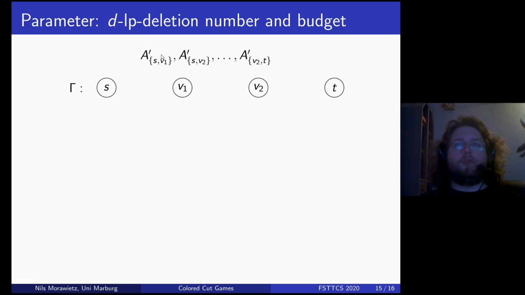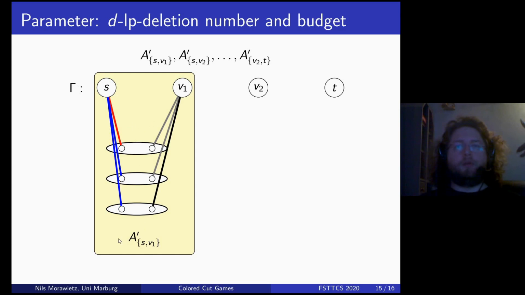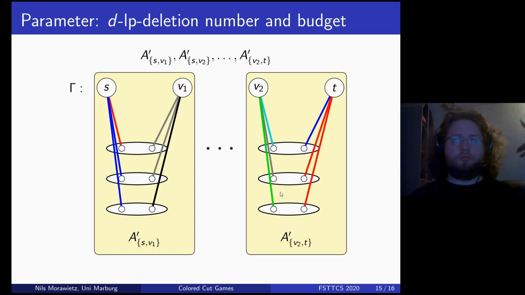And for each of the color sets in A prime SV1, we add a new path between S and V1 containing exactly these colors. So for this collection A prime SV1, we obtain these new paths in between. And we also do this for all the other distinct pairs of vertices of gamma, and so also for A prime V2T.